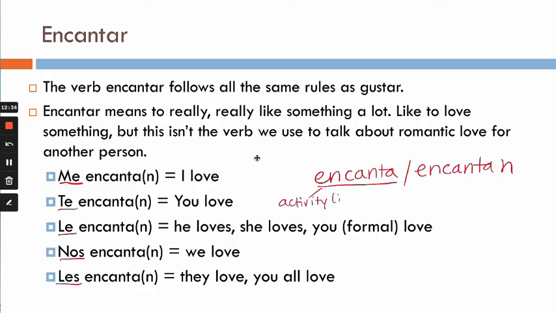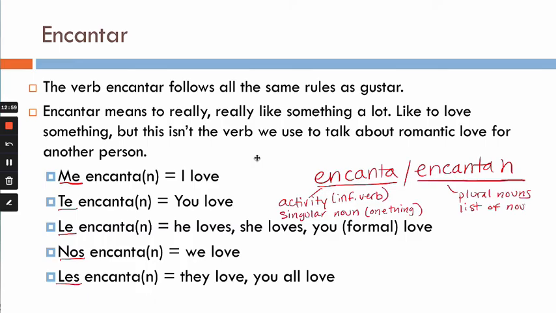That's your infinitive verb. It could also be for a singular noun, right? One thing that you love. Whereas encantan is going to be for plural nouns or a list of nouns. Basically, more than one thing.